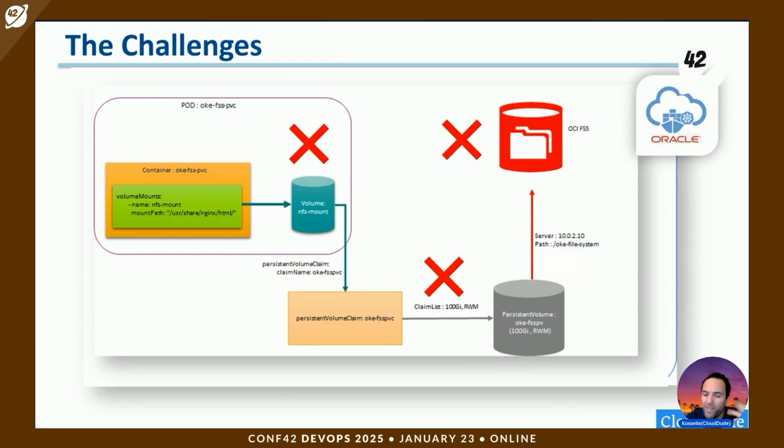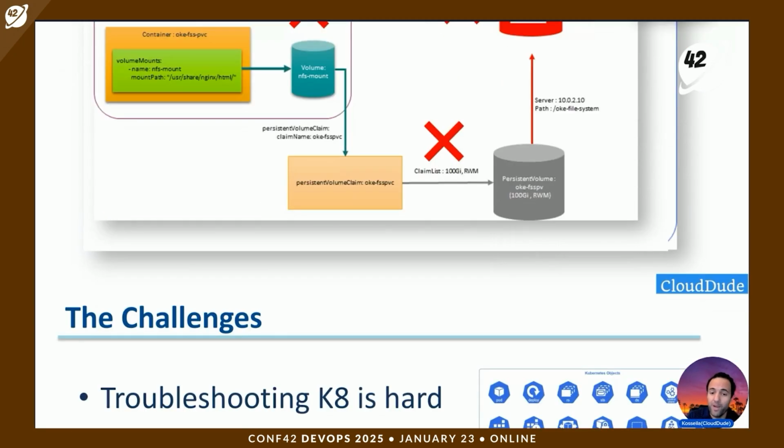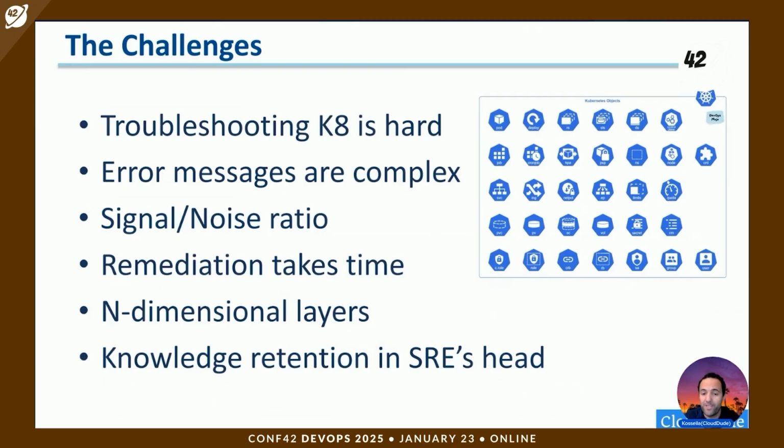Oftentimes it's painful as this involves very deep knowledge in every layer of the stack. And obviously, right, once you pass the euphoria of day zero after deploying a cluster, moving all your applications in your pods, with time, you realize how painful it is to troubleshoot clusters in production.